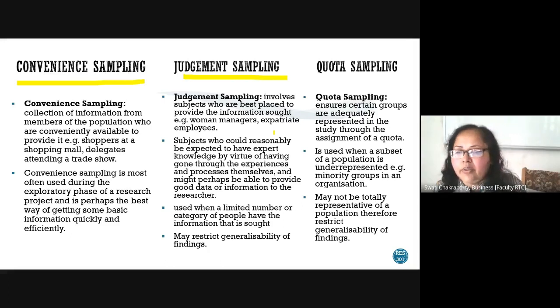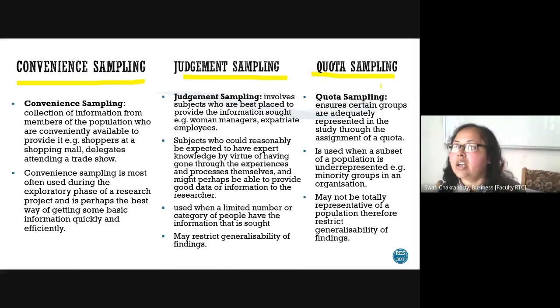It's used only when a limited category of people, very few people, have the information sought. It may restrict the generalizability of findings because it reflects experts' opinions, a few people's opinions.